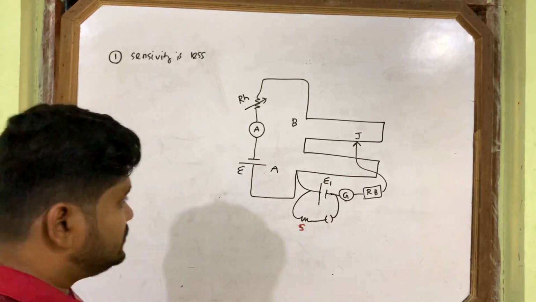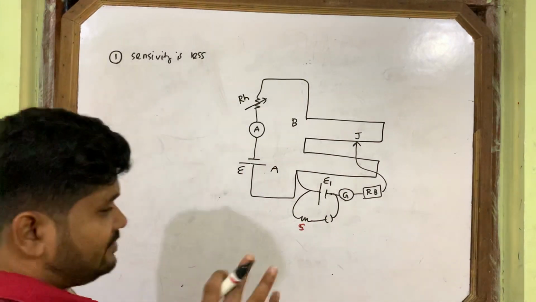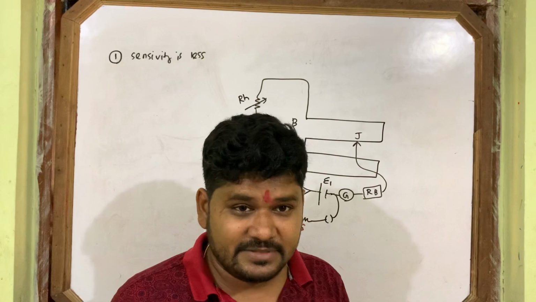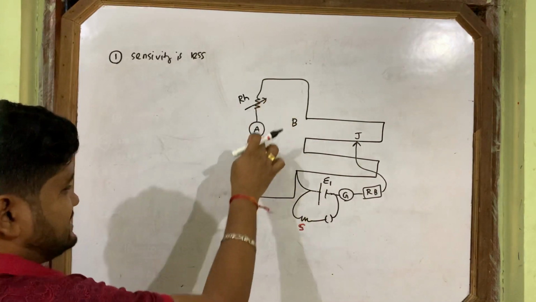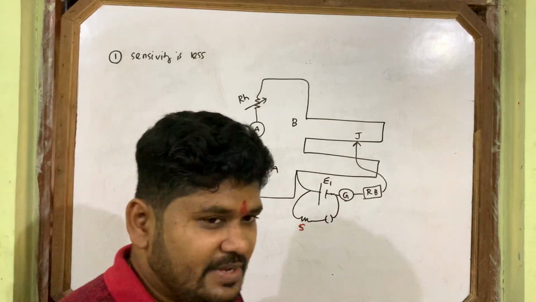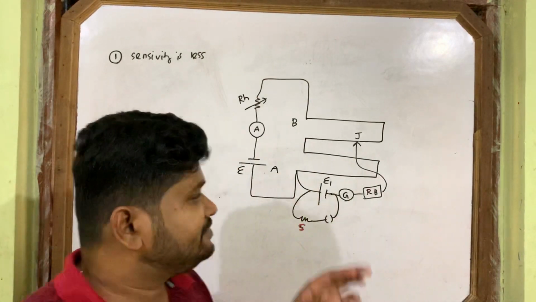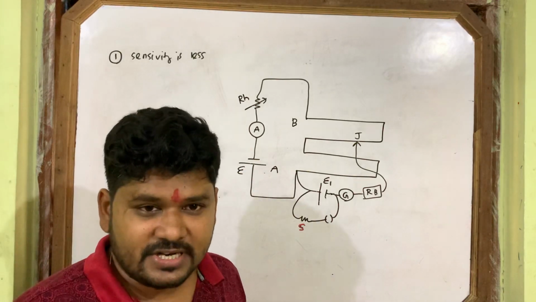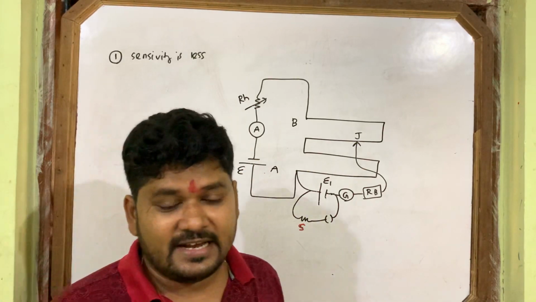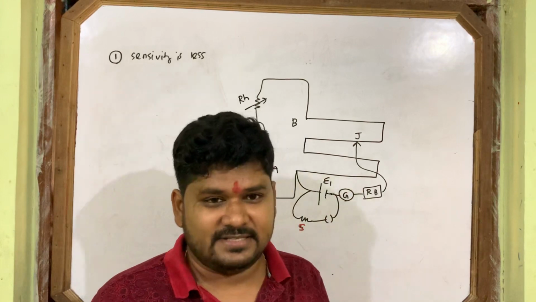What do we have to do? If sensitivity is less, I have already told you how to increase sensitivity: by increasing the resistance connected in series with the driver cell.